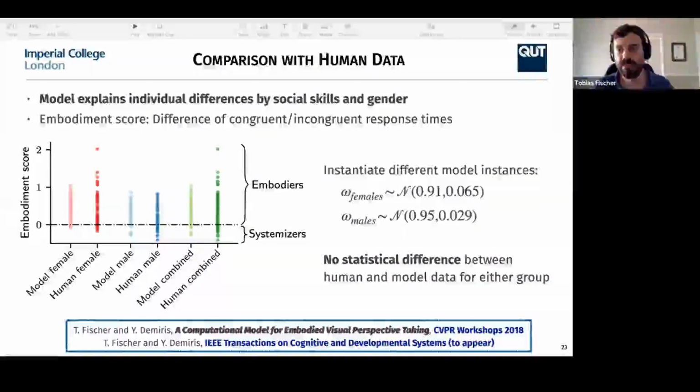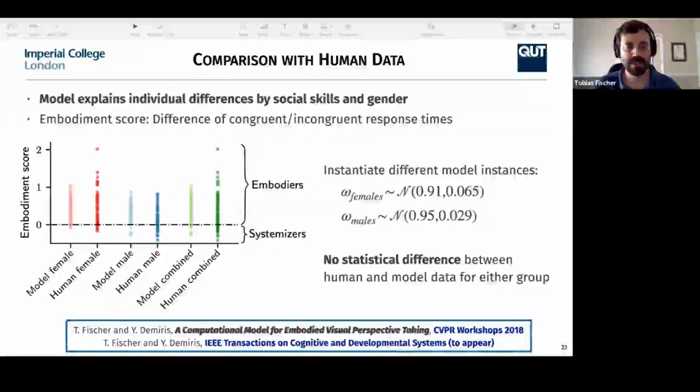So for some humans, it doesn't have any impact at all, whereas for other humans, there's quite a large impact. So now if you draw that omega from a standard distribution, you can replicate the effects observed by humans.